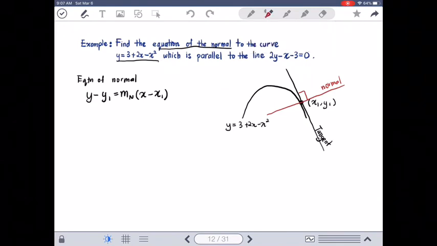And from the question, it is said that the normal is parallel to this line.